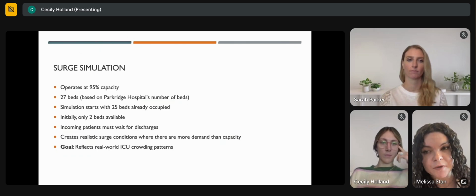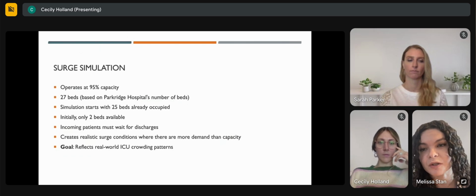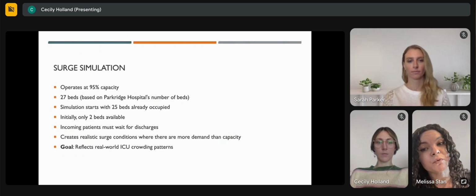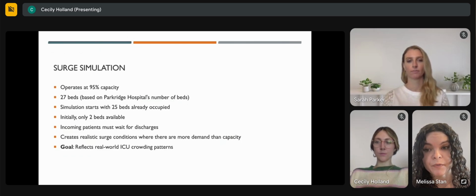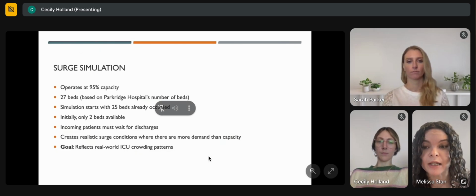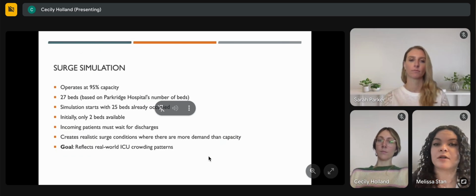This number comes from Park Ridge Hospital's number of beds. Since it's the closest hospital to us, we thought it would be great to try to mimic their ICU. And so we're going to start off with 25 patients already in beds, and that only leaves 2 beds available. That means incoming patients have to wait to actually get a bed. Again, the goal of this is to make sure that this mimics real-world ICU crowding patterns.